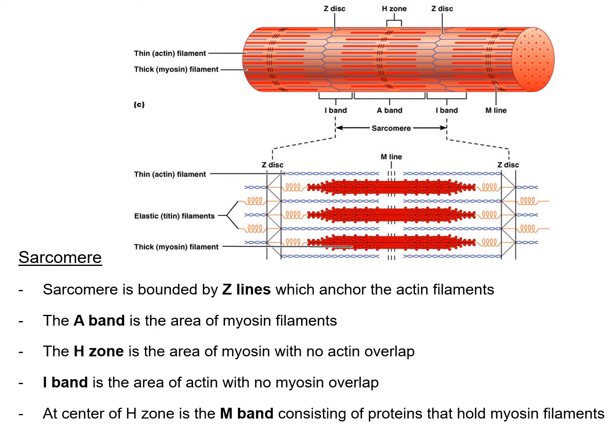Here again you see the same arrangement with thin filaments made of actin, the protein actin, and the thick filaments here. Thick filament is there and there and there. And you get sliding past each other when you get contraction.